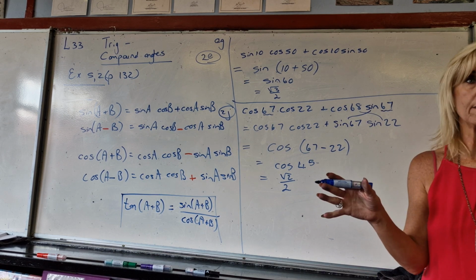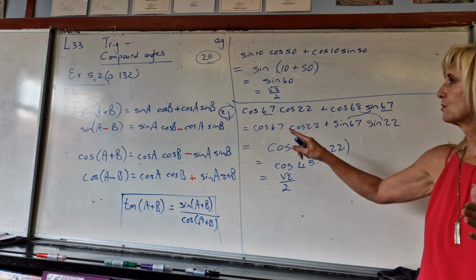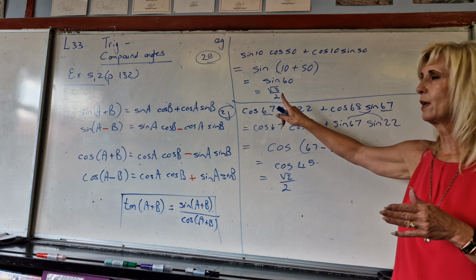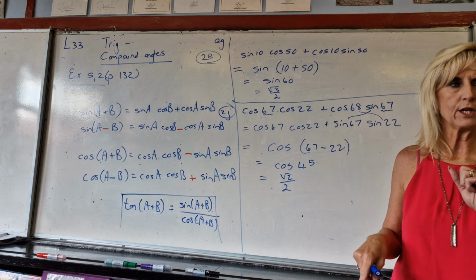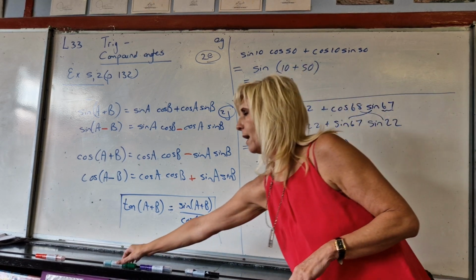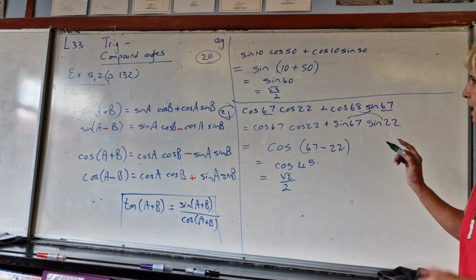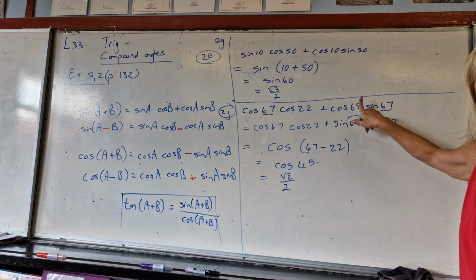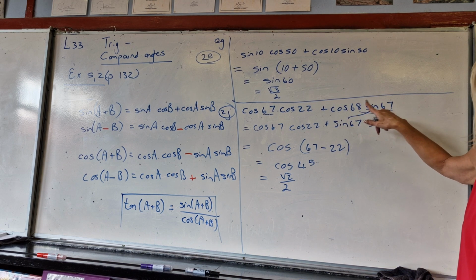There's always going to be another way to do the sum, because just what we've done here, using your co-functions, you could do everywhere. If I really wanted to make myself some trouble, I could have made lots more work. I could have changed this into sin cos, and then I would have wanted this as cos sin.